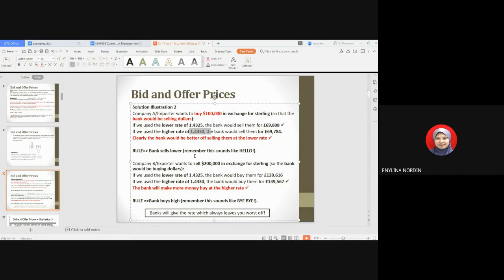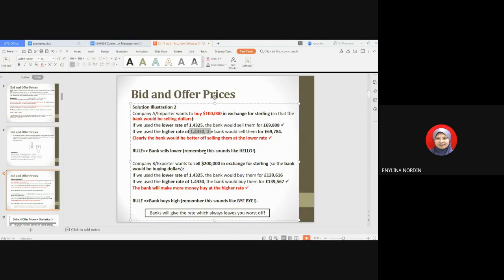If you look at the rule of thumb here, it sounds like when the banks sell at a low rate, you might say hello, that sounds ridiculous. But if we calculate, it's actually giving benefit to the bank.